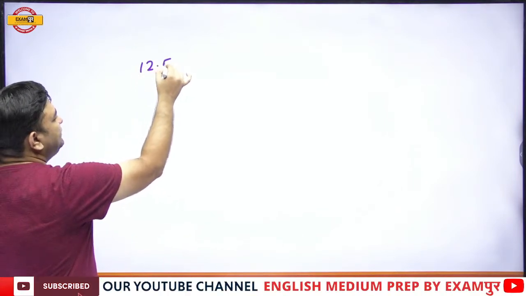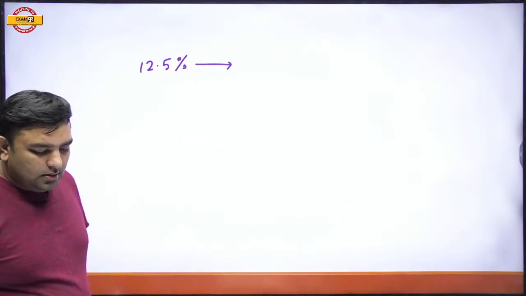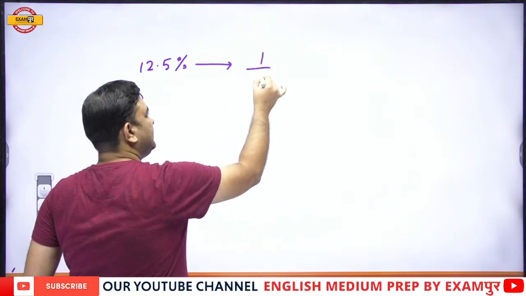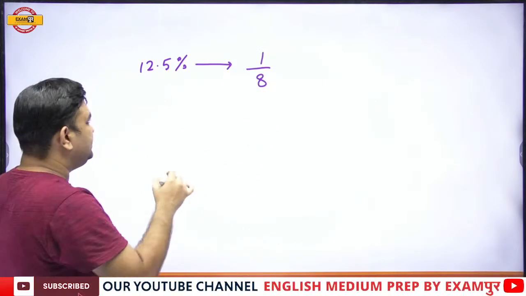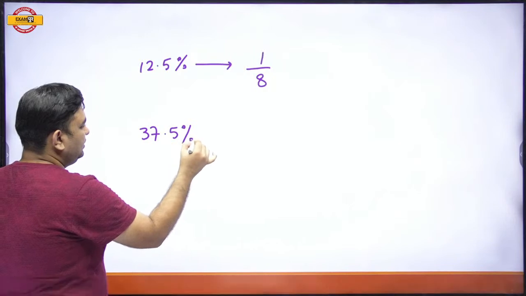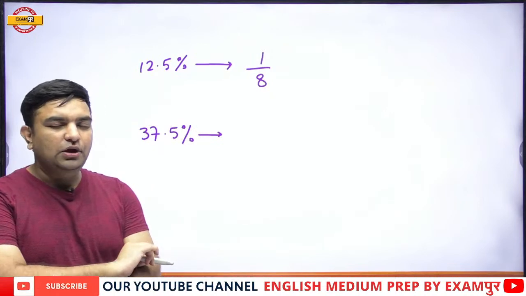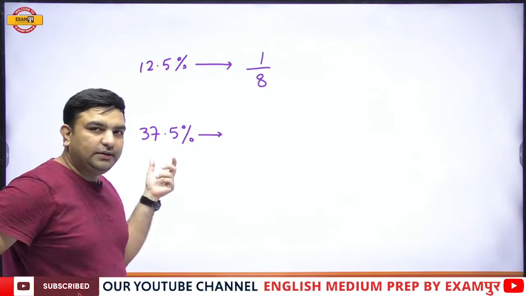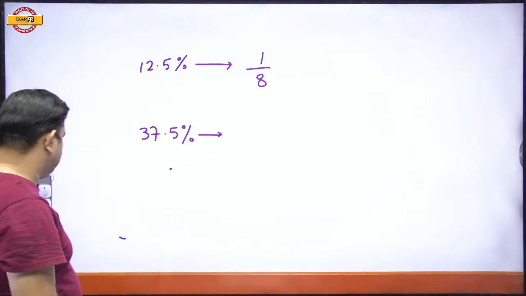Guys, 12.5% was 1 by 8. There is one other percentage which is also asked in the examination, and that is 37.5%. If 12.5% is 1 by 8, what is the value of 37.5%?